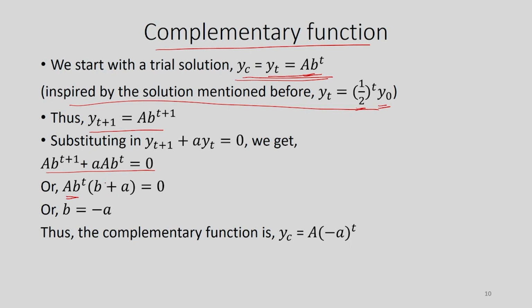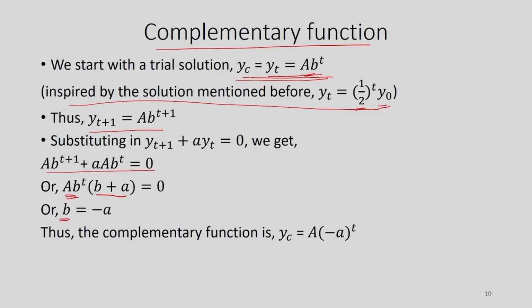So, within the brackets I will get b plus a, and the whole thing will be equal to 0. Now, A b to the power t is not equal to 0. I am assuming A and b are not 0. So, this will not be equal to 0. So, the other possibility is that this part is 0, b plus a is equal to 0, and that gives me the solution for b.